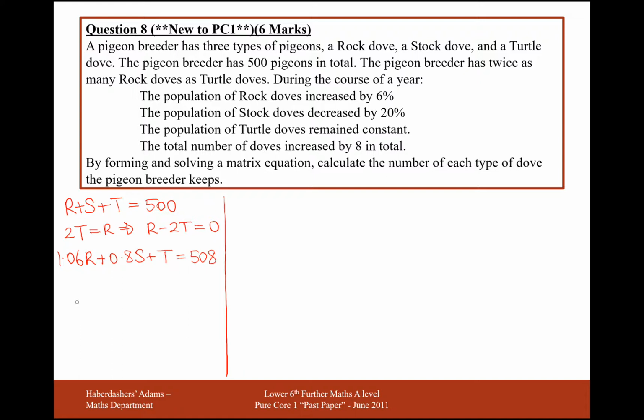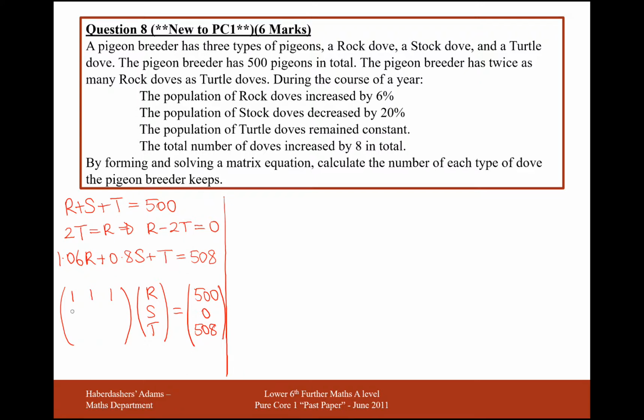So these are our 3 equations. Let's now make our matrix out of them. We're going to be using variables r, s and t, and we'll have answers of 500, 0 and 508. So it's going to be 1, 1, 1 from our coefficients on the r, s and t.